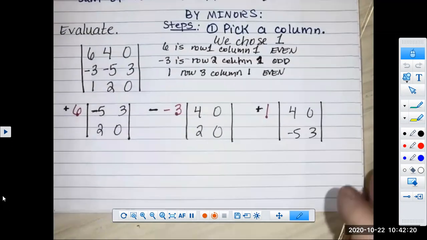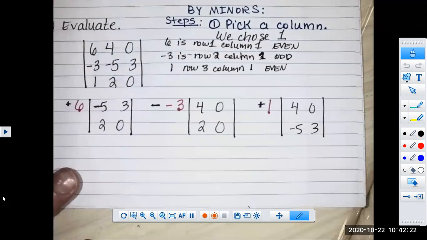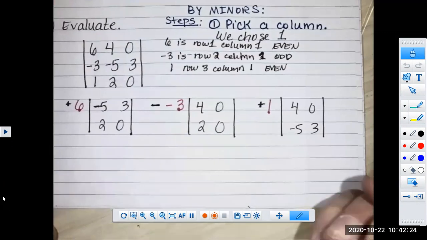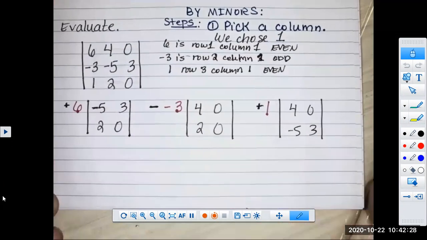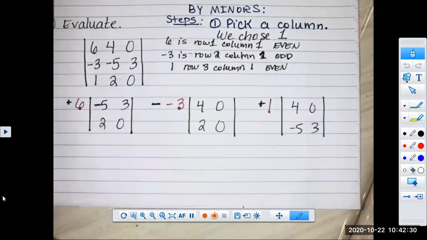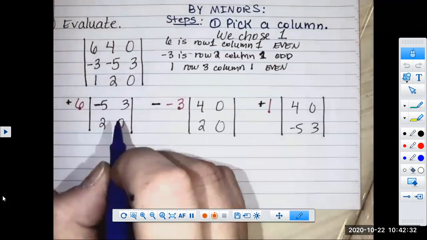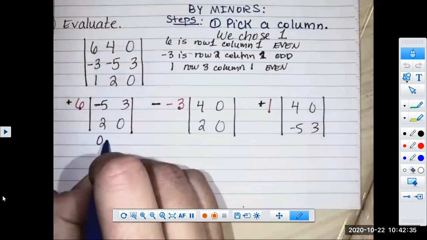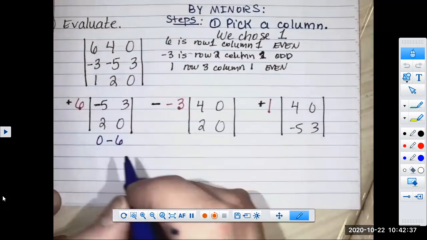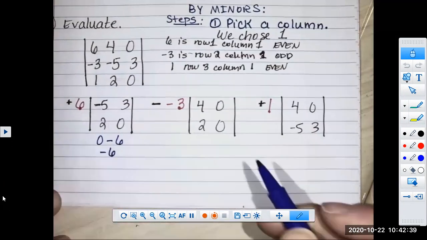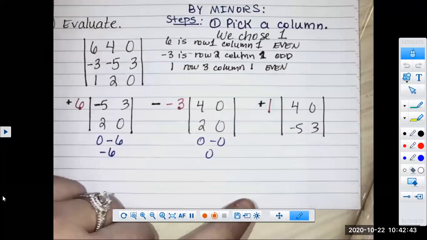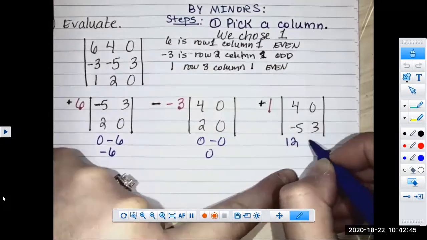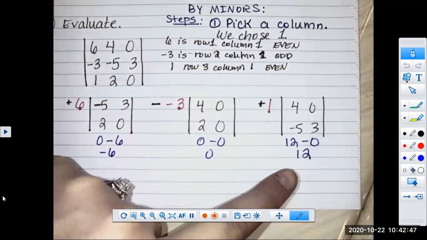Then your second step is simply to go through and we're going to calculate each second order determinant. So this is going to give me 0 minus 6, which is -6. This gives me 0 minus 0. And this gives me 12 minus 0, just 12.